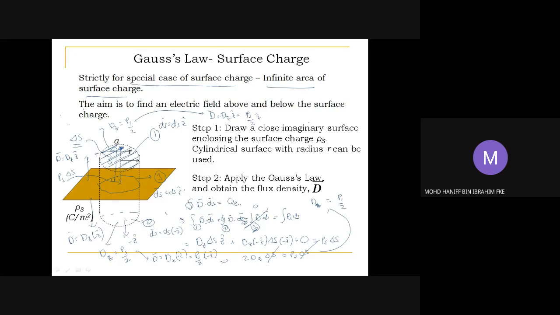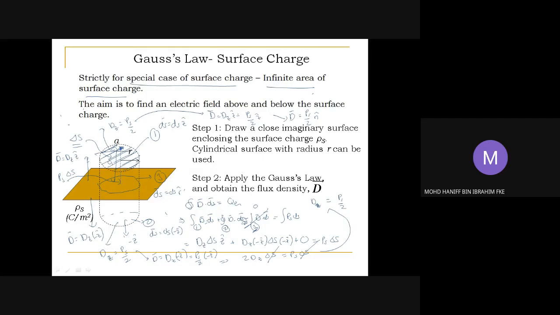Okay, and from these two results, we can agree that the flux density D should be rho s over 2, direction of normal, in which the normal will be based on the position of the point, whether it is on the top surface or on the bottom surface of your charge distribution.